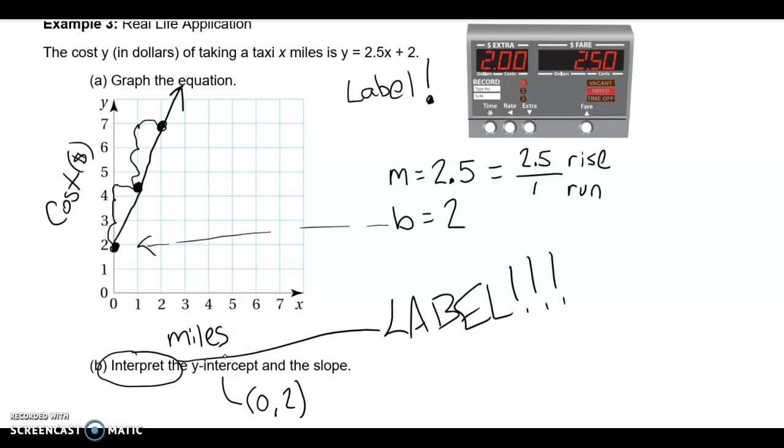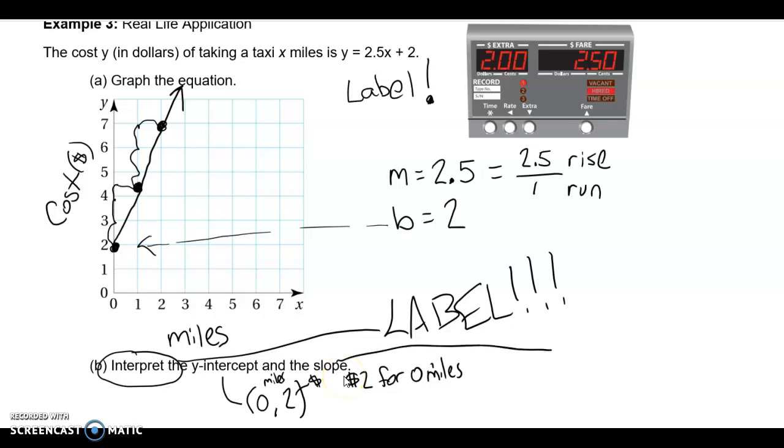You can see it right here. 0 is the X, so that's miles, and the 2 is the Y, which is the dollars. So let's write that as a phrase. You could either say 0 miles cost $2, or it is $2 for 0 miles. Or you could also say it's $2 just to start the cab, something like that.